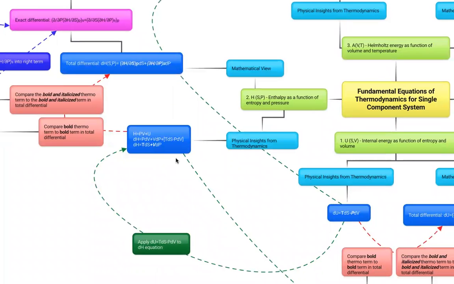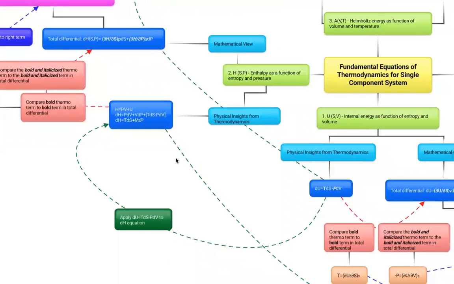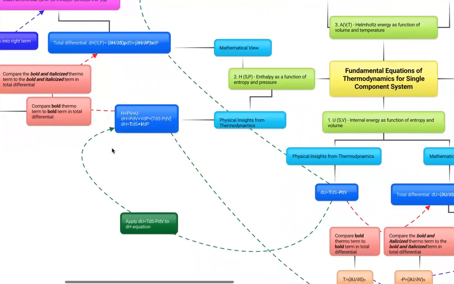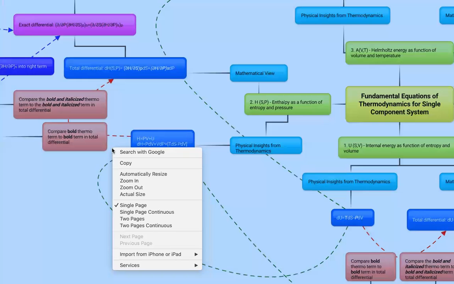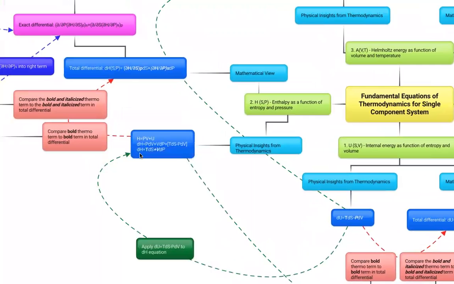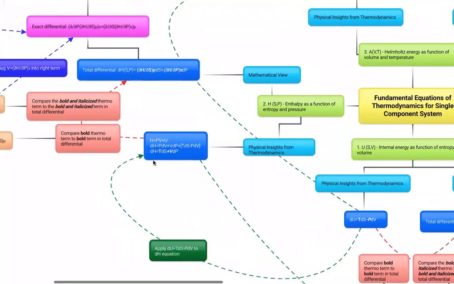And where did we get that TdS minus PdV? We got that from the thermodynamic equation of internal energy. That's what this green arrow is representing. You can see that dU equals TdS minus PdV under the internal energy section is connected and can be applied to the differential equation for enthalpy. Then you get a final enthalpy equation of TdS plus VdP.